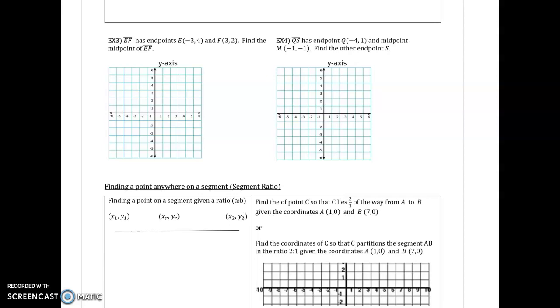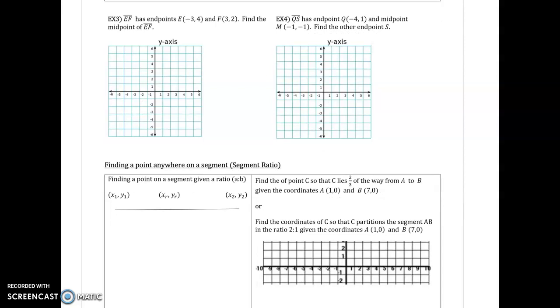So today we're going to talk about finding a point anywhere on a segment, and that's known as the segment ratio. In our last video, we found the midpoint. So for instance, if I was looking at this segment and I wanted to find the midpoint of it, let me extend that segment.